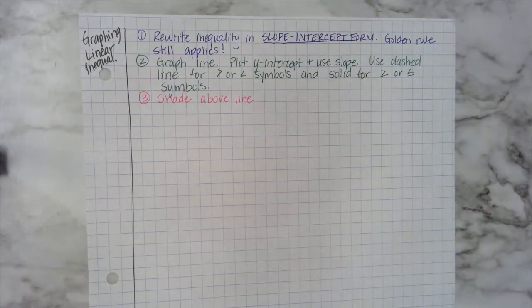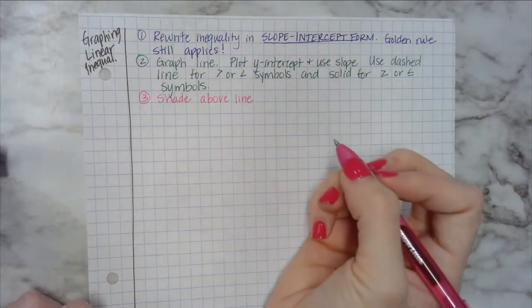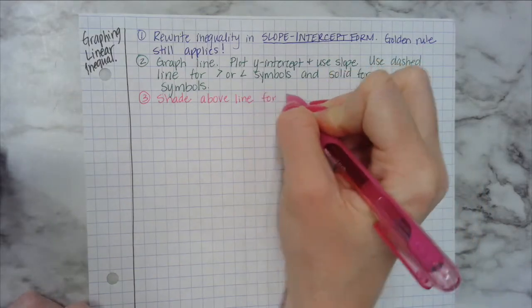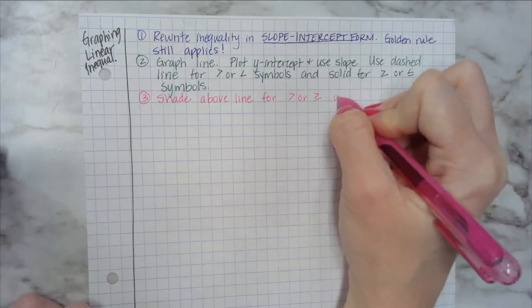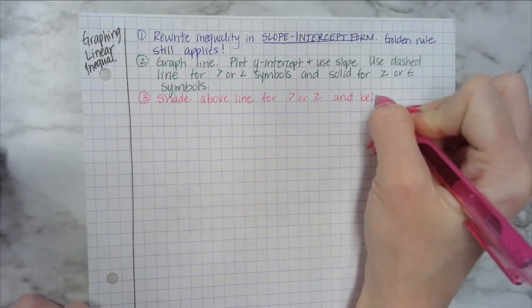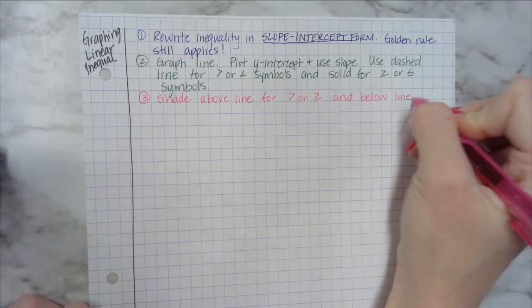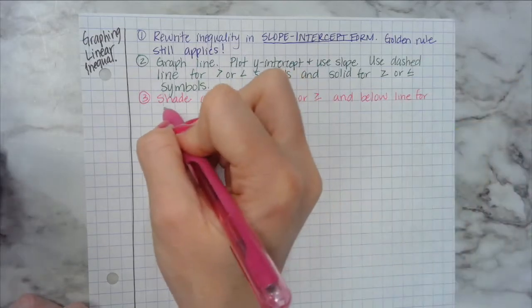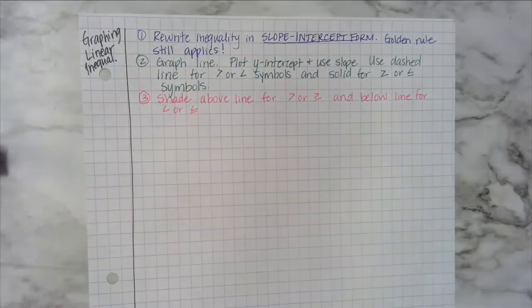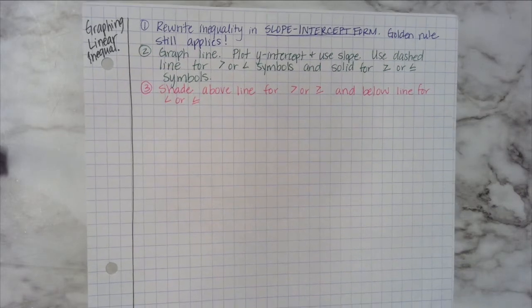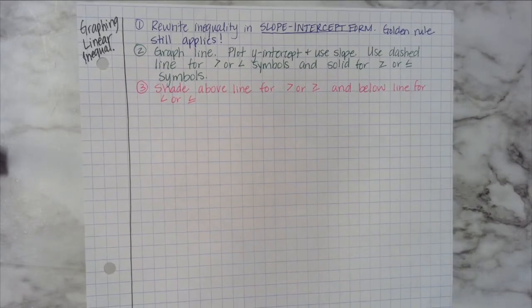We want to shade above the line for any greater than symbols, so greater than or equal to, and below the line for less than or equal to symbols. Now the reason that we do that is because an inequality does not show us just ordered pairs on the line that satisfy the equation, rather a region of the graph that satisfies our equation.